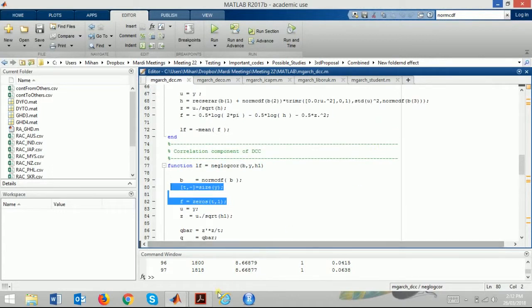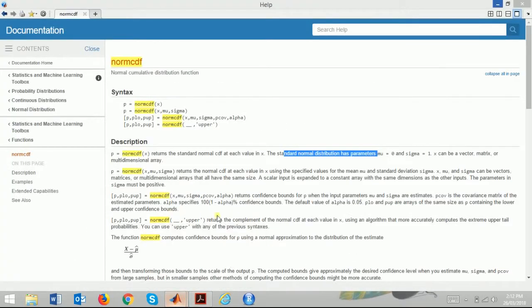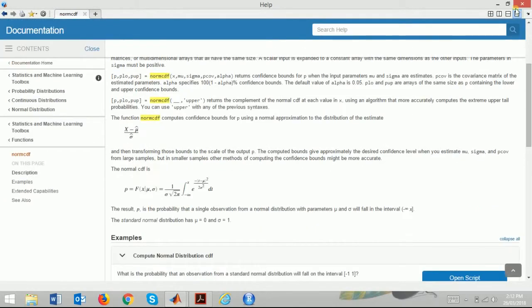Is there any other way to define this? Probably yes. X, mu, peak of alpha. Okay, fine.